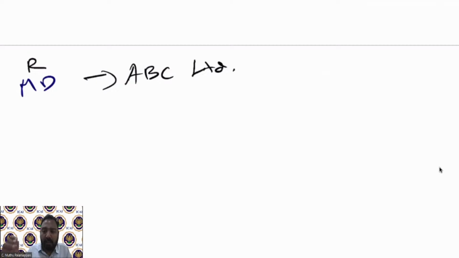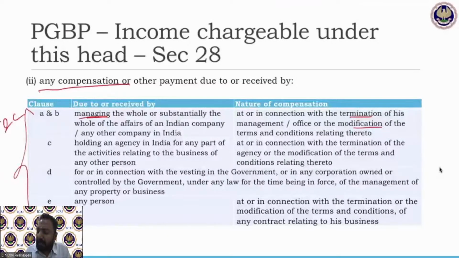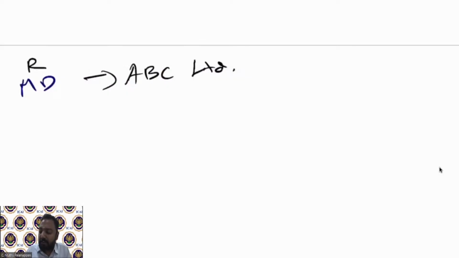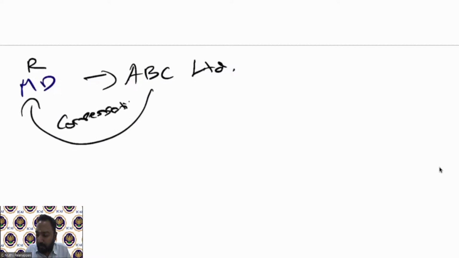Now, whatever ABC Limited, let's say ABC Limited managing the whole or substantial whole of affairs in an Indian company or any other company in India. Now, this person, for whatever services he does, ABC is paying him, compensating him for managing a business. Now, there is an agreement for this.